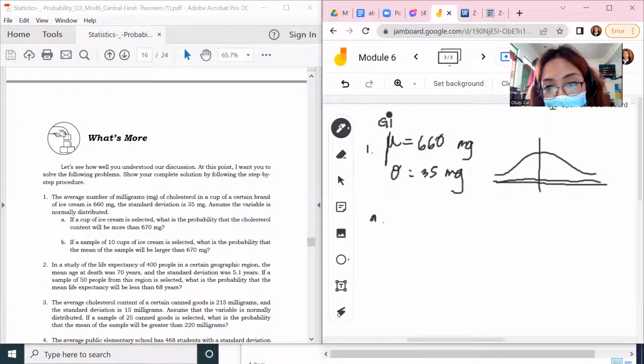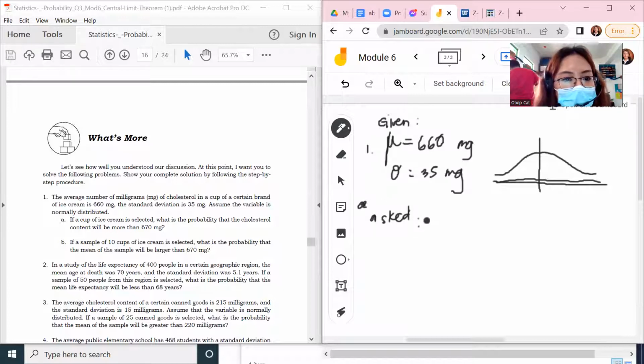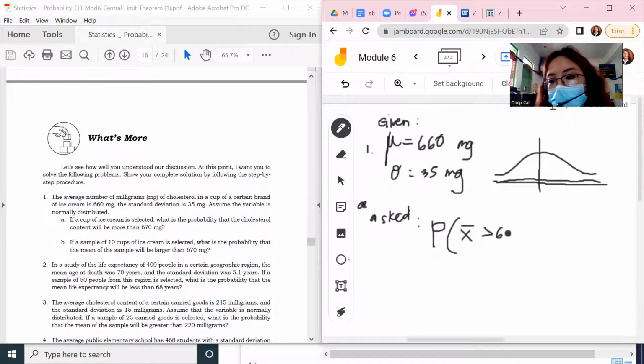How do we state it mathematically? The question asked in A is the probability that the cholesterol content will be more than 670 milligrams. Solution.